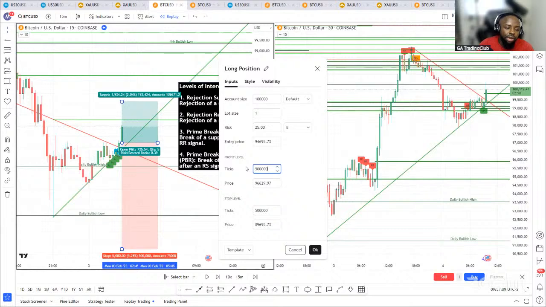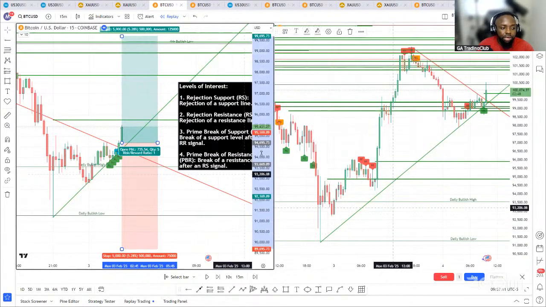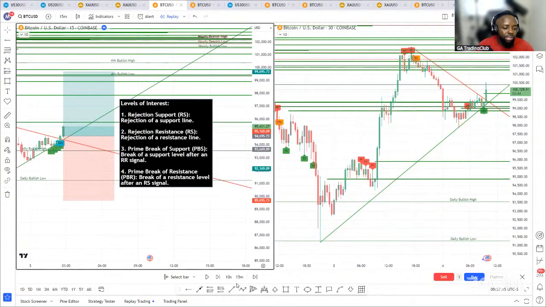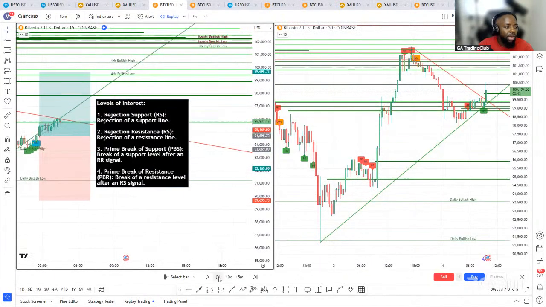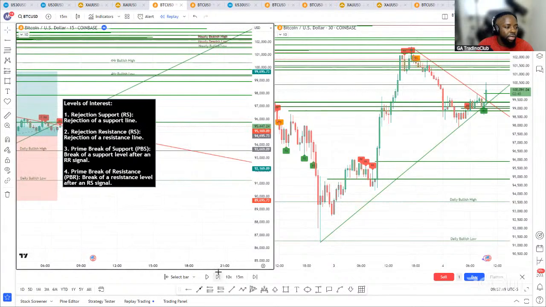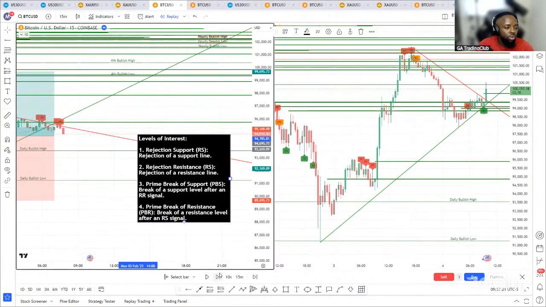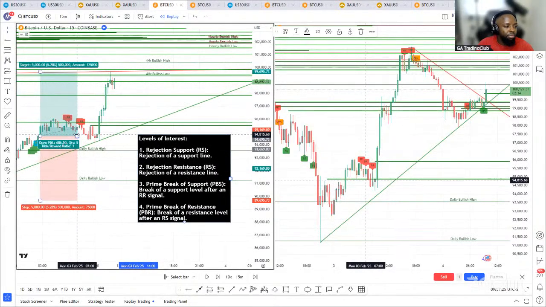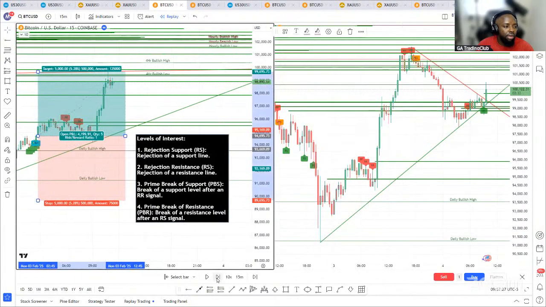So this, you'd have had a $5,000 TP and stop loss. And based off of how BTC was moving yesterday, that's not even a big TP and stop loss. So eventually price ended up being bullish, and this would have hit TP.